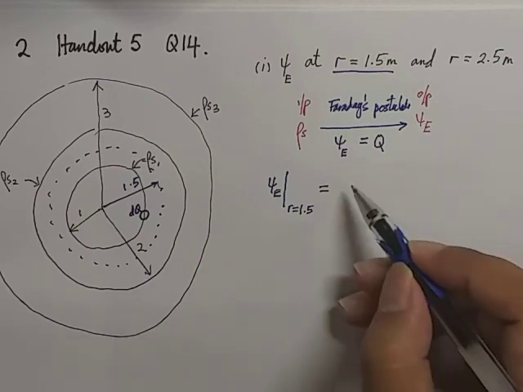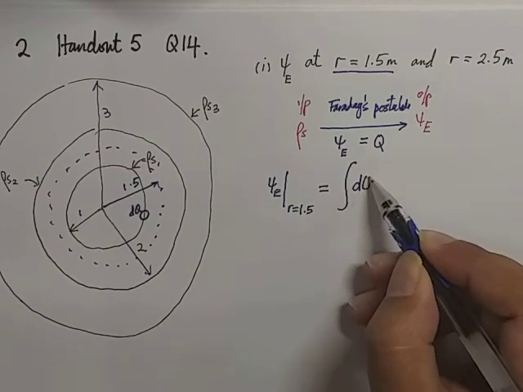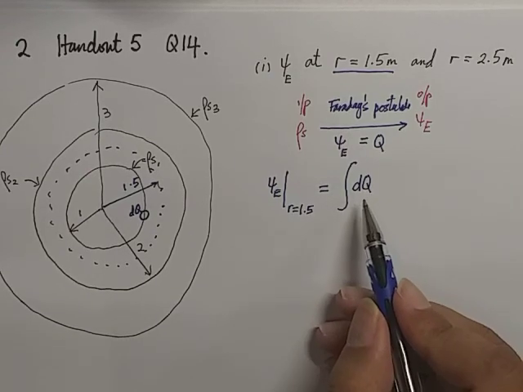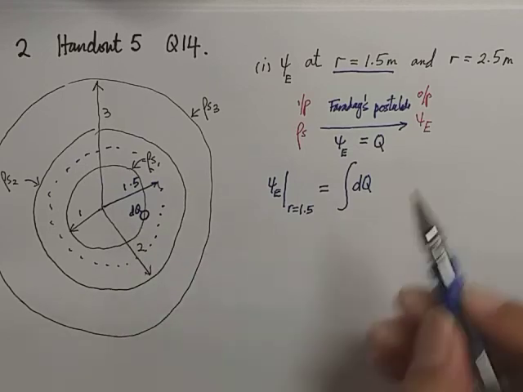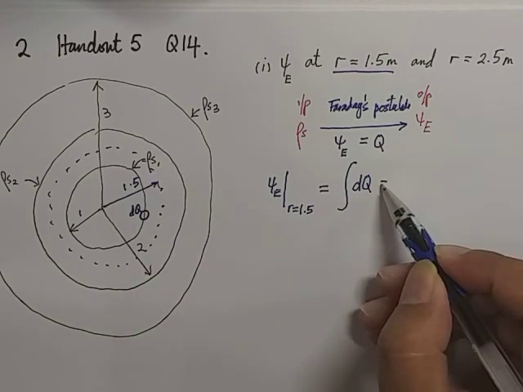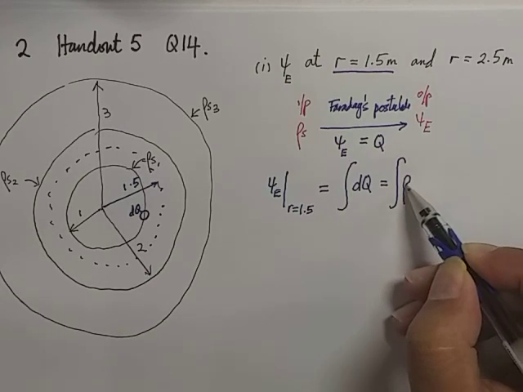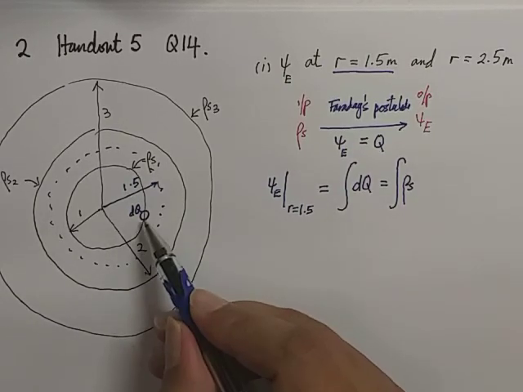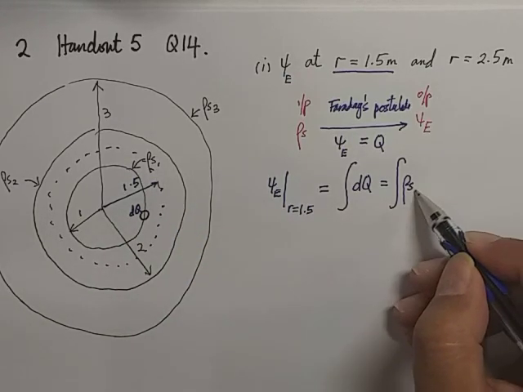We are saying that should be the integration of dq. This dq is represented on our diagram as shown here. Based on our model of charge, for surface charge it should be equal to rho s, but we can see the rho s here specifically refers to rho s1.